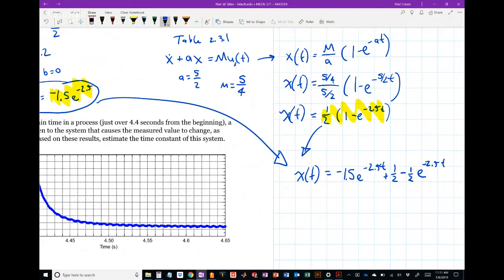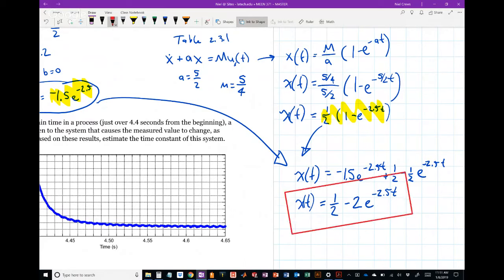Notice we have a minus 1.5 and a minus 0.5 with the same exponent, so we can simplify this to 1/2 minus 2e to the negative 2.5t. And that would be the solution. You see that this is exactly the one that we calculated before.